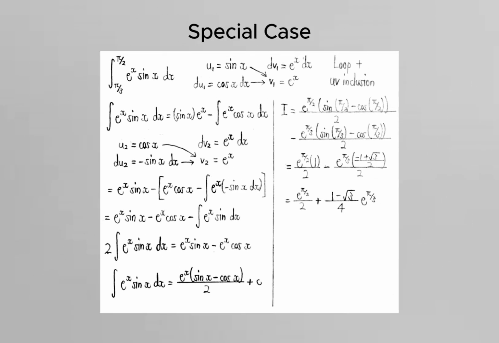Now let us look into a special case where you have both an exponential function and a sinusoid trigonometric function. This is a deadlock situation where neither function can be reduced to a constant. So all you need to do is take u, and make sure you choose the trig function, so that when you differentiate, it's easier to convert.